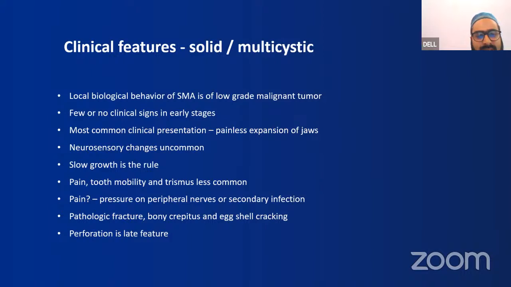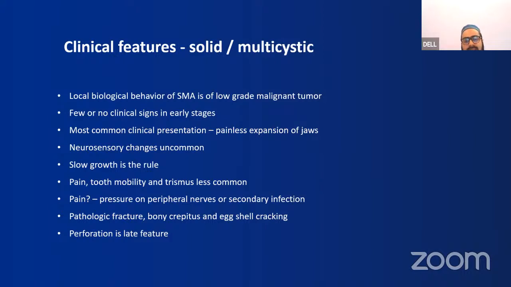The most common clinical presentation is painless expansion of the jaws. Once the cortex is perforated, the patient mostly notices the swelling. Paresthesia is relatively uncommon, and pain, tooth mobility, and trismus can also occur in the later stages. Pain can be due to secondary infection or pressure on the peripheral nerves.